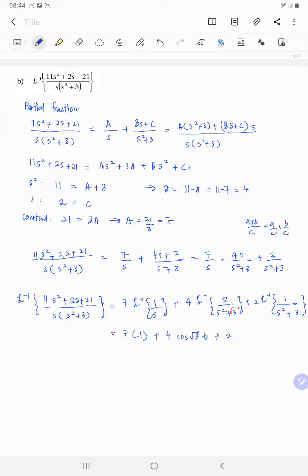Plus 2 times Laplace inverse of 1 over s squared plus 3. Look at the function at the bottom, s squared plus constant, and the top is constant only. So this must be sine, but sine what? Since we want it to be sine, we must fabricate but not change the original form.